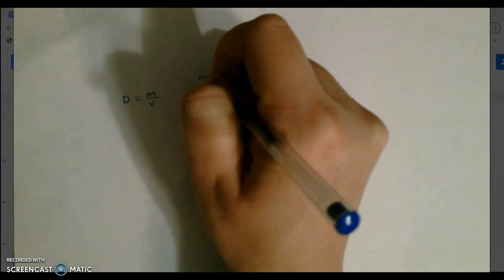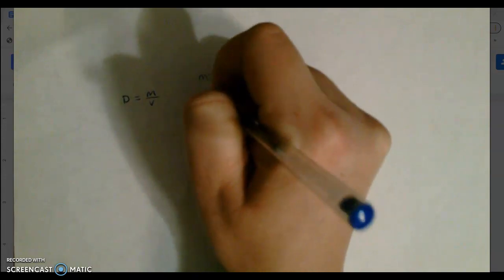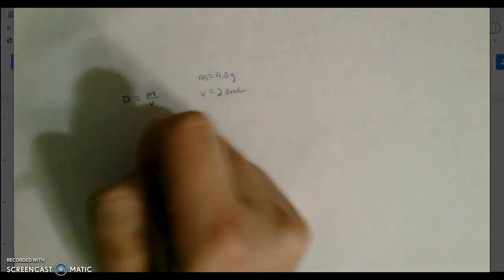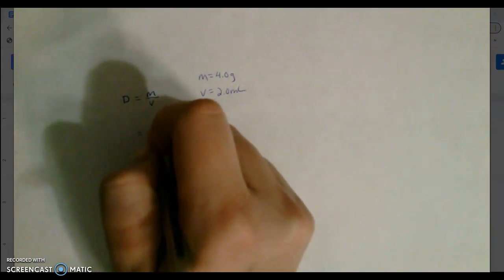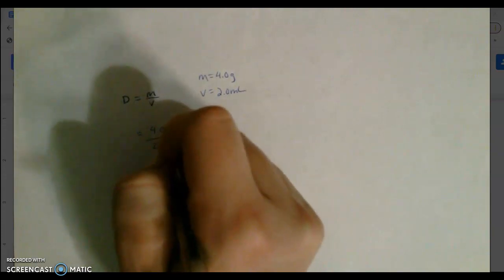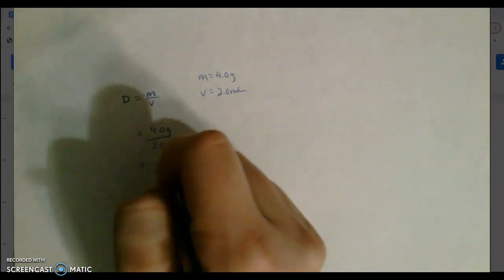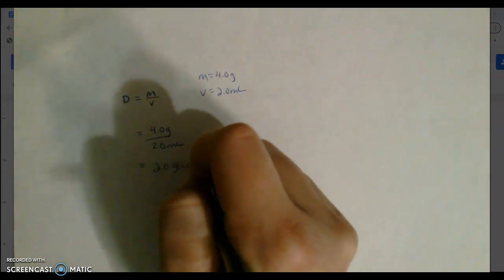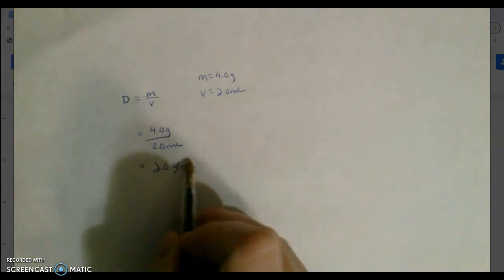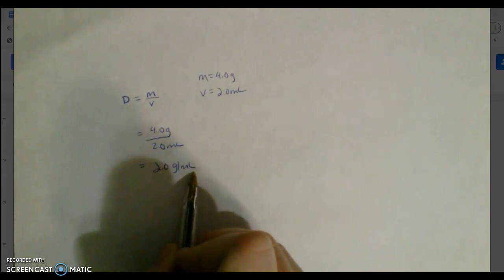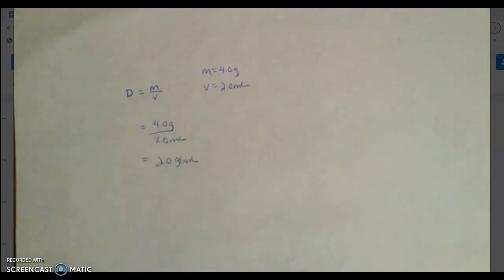So 4 grams and 2 milliliters. We're just putting it into the equation, right? Our mass is equal to 4.0 grams. Our volume is equal to 2.0 milliliters. The density of our object is going to be 4.0 grams divided by 2.0 milliliters. That's going to give us 2.0 grams per milliliter, which means that for every 1 milliliter of space, we're going to have 2 grams of mass for this particular material.